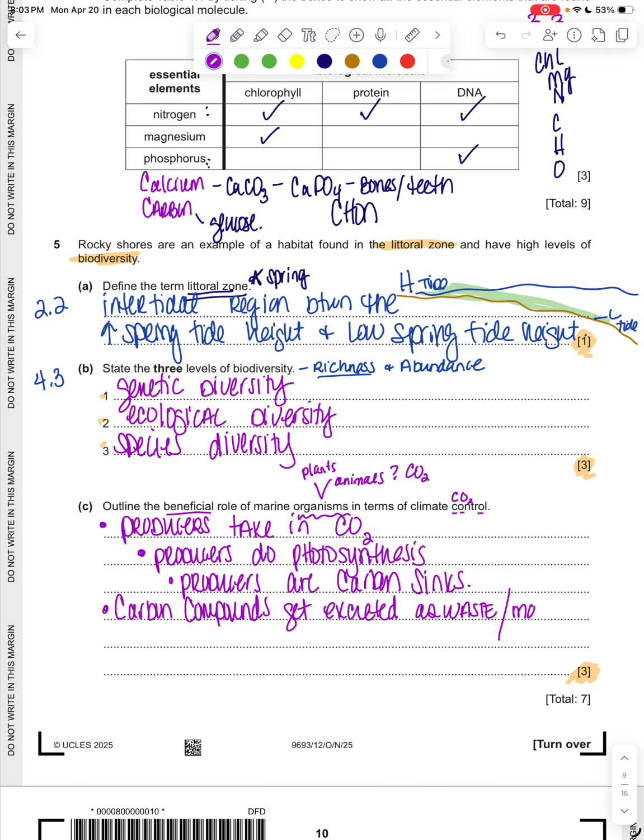Or carbon ions get stored in calcium carbonate.